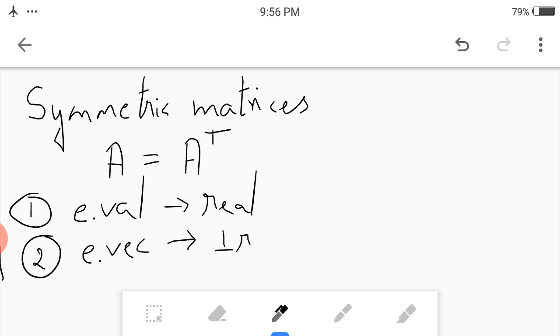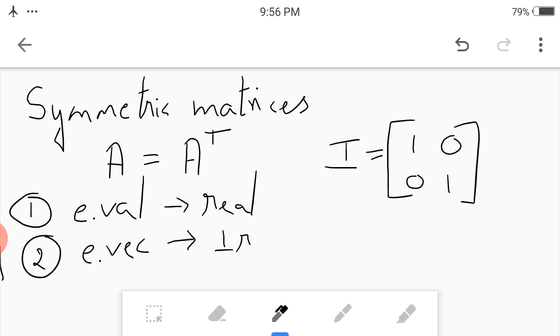A simple example of a symmetric matrix would be the identity matrix. So let's write down a 2 cross 2 identity matrix. What are the eigenvalues for this identity matrix? They are ones. Yes, they are not unique, they are just ones. What about eigenvectors? Any vector can be an eigenvector for the identity matrix.